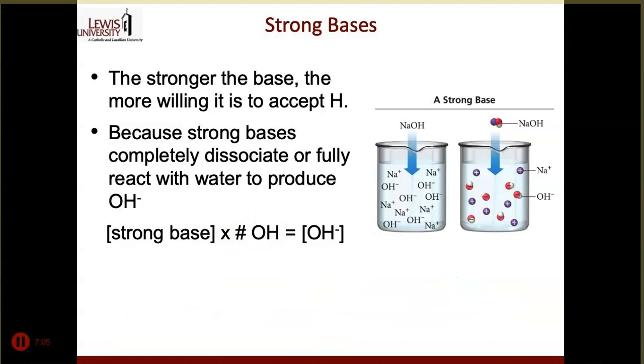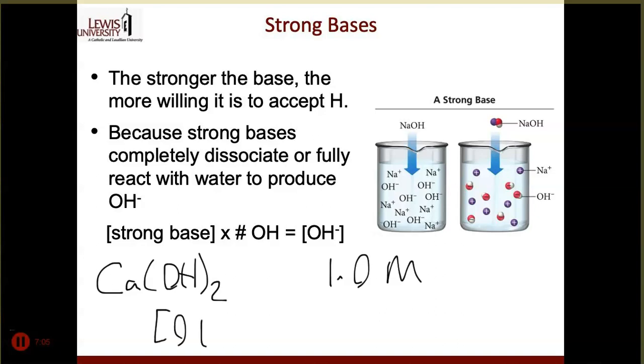Now, let's say we're dealing with a different type of strong base that's got two hydroxides on it. For instance, let's just say calcium hydroxide. Let's say we had a 1.0 molar solution of Ca(OH)2, right? And we want to know what the concentration of OH minus is. Well, the concentration of OH minus in this instance is equal to 1.0 molar, which is the concentration of our strong base, multiplied by the number of hydroxides.